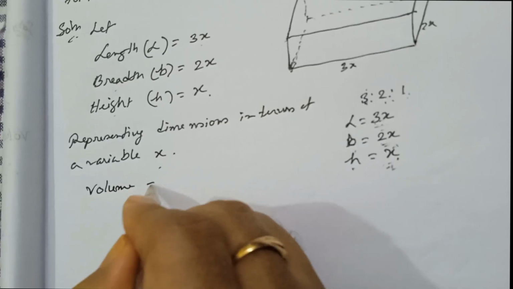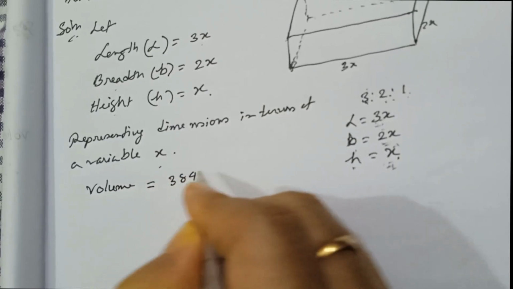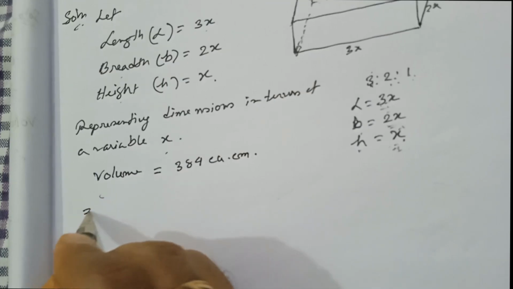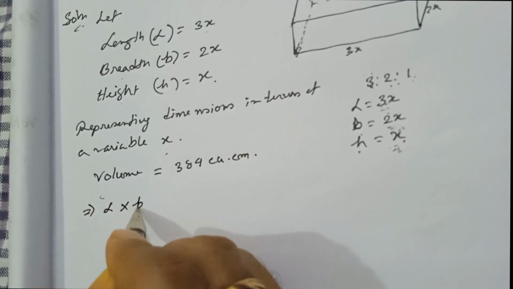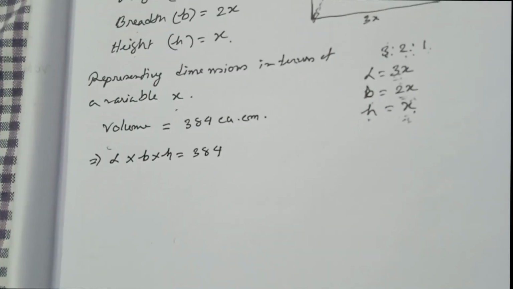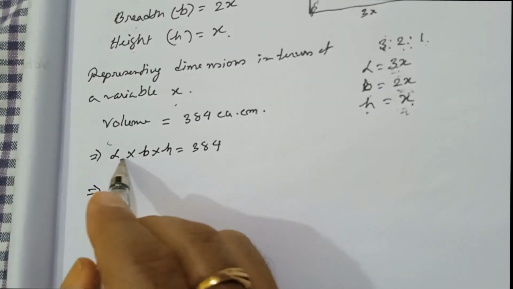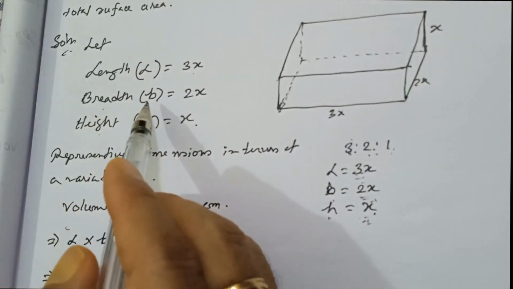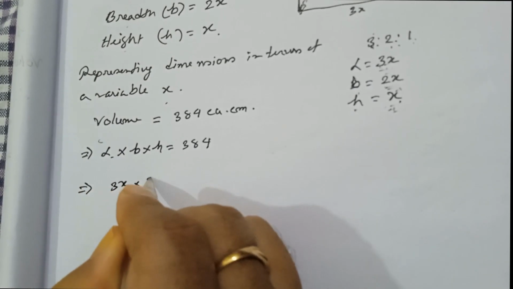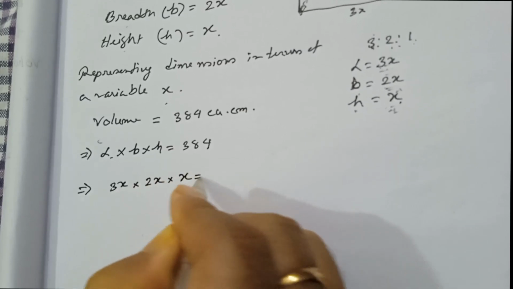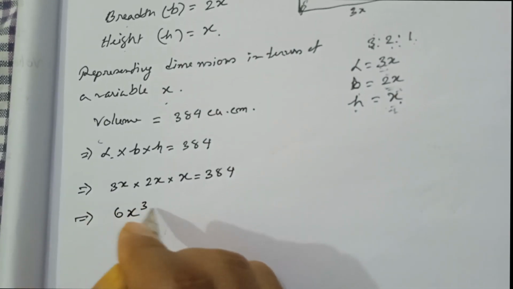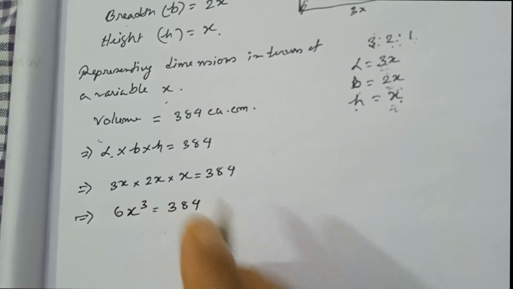Volume is equal to 384 cubic cm. But volume is also equal to length into breadth into height. So we multiply all of them: 3x into 2x into x is equal to 384, which implies 6x cube is 384.